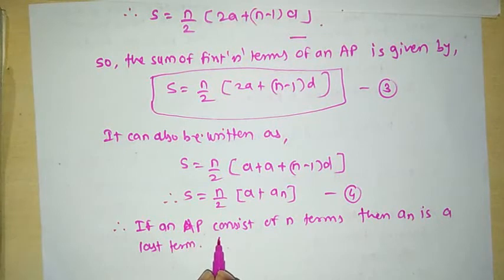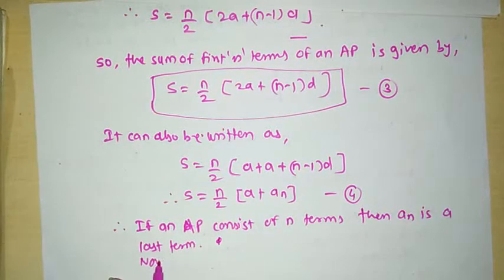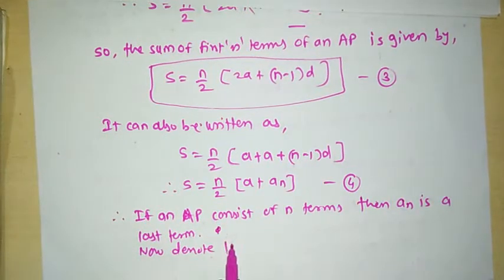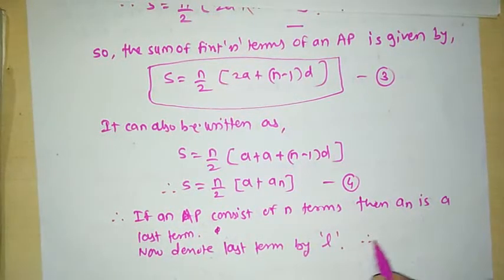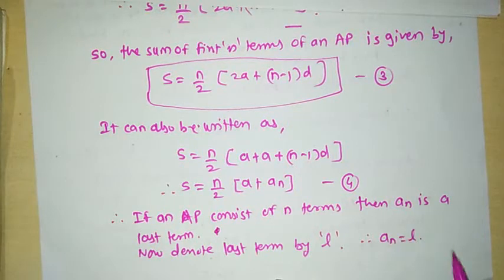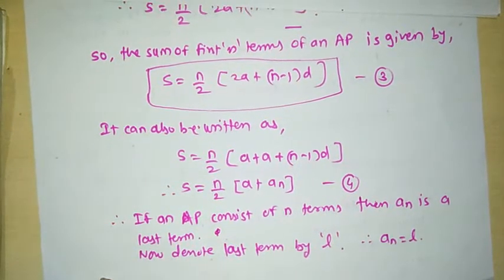Now denote the last term by the letter L. Letter L, we will denote the last term. Therefore an is equal to L. Therefore, in place of an we can write L.